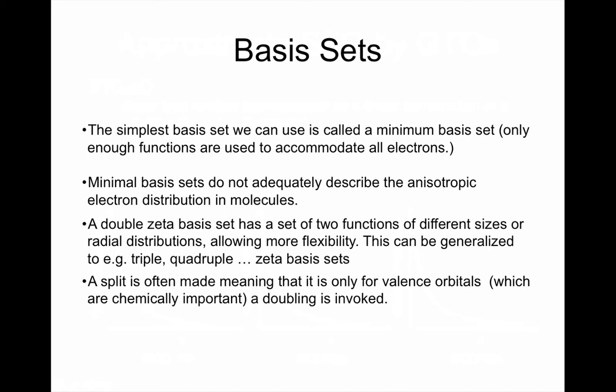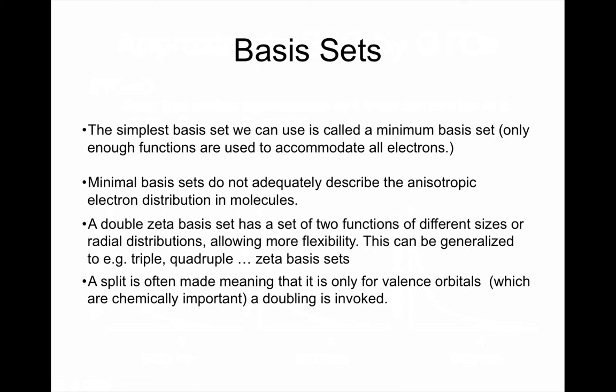This gives much more flexibility when we describe the molecular orbital using an expansion in this basis set. This concept can be generalized to a triple zeta basis set, a quadruple zeta basis set, and so on, meaning that we triple the number of functions, or have 4 times the number of functions compared to the minimum basis set using a quadruple zeta basis set, and so on.